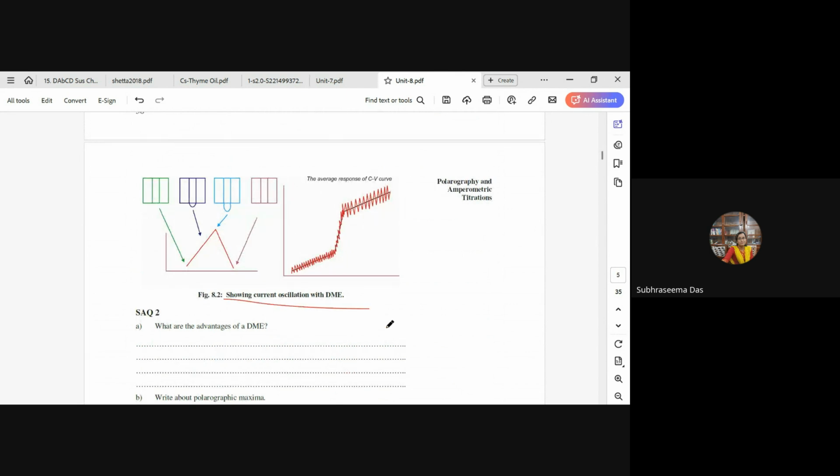So here in Figure 8.2 there is a current oscillation with DME. Here it is the general, the average response of a CV curve.